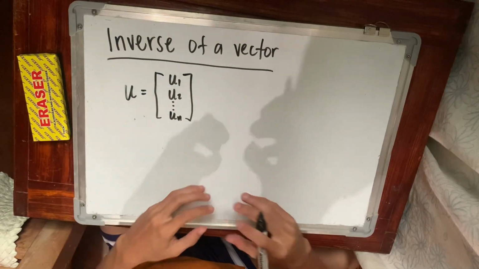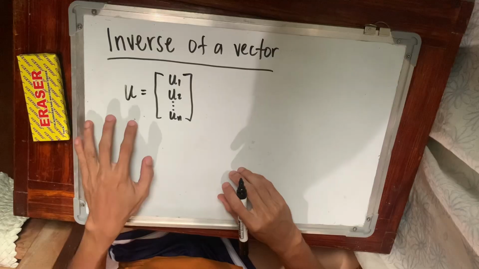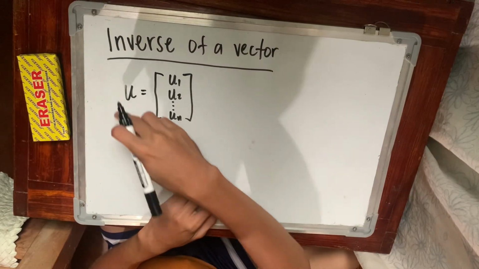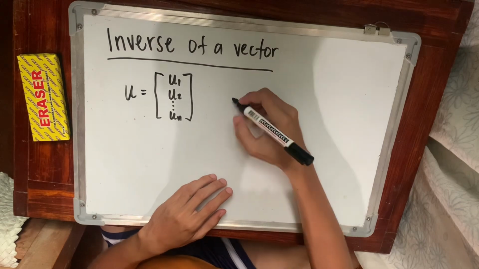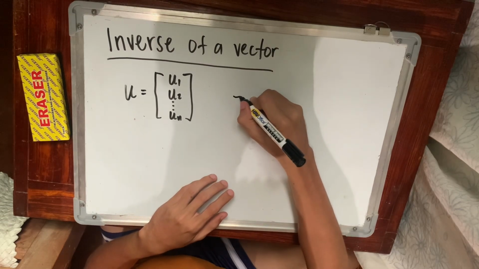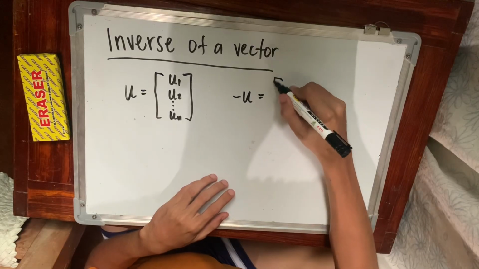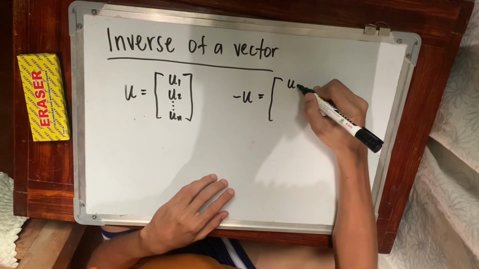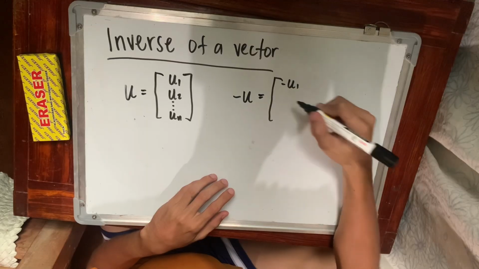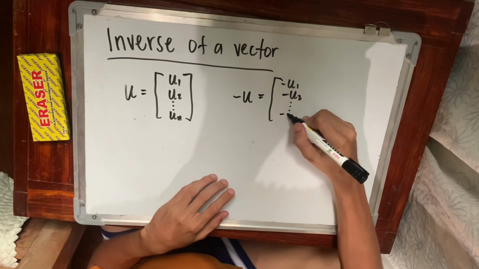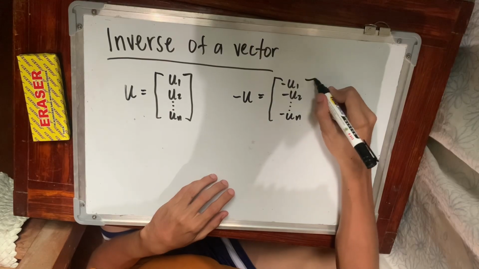If we want to take the inverse of this particular vector, what we are going to do is negate the vector u. So it's simply the negation of u is equal to negation of u sub 1, negation of u sub 2, up until negation of u sub n.